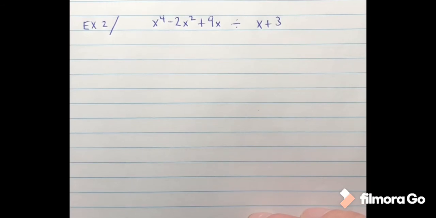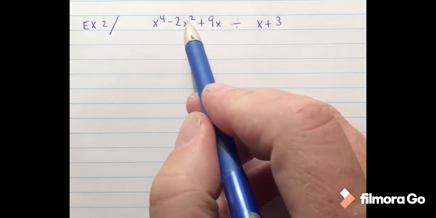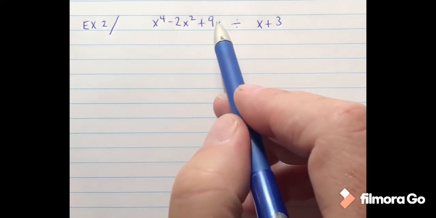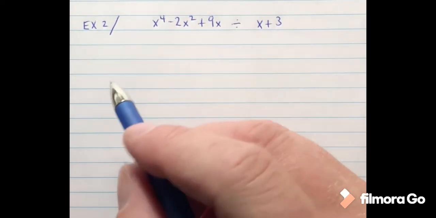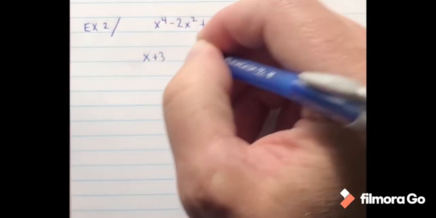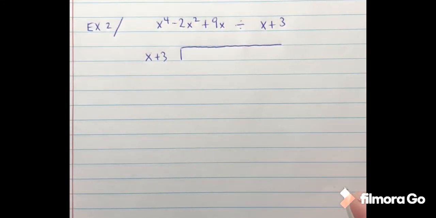Okay, let's look at a second example of long division. There are some instances when we're doing the long division where what we're dividing into does not have all of the degrees. So notice this one goes from 4 to 2 to 1, then no constant. So when I'm writing this one, I think it's a good idea to hold the place value underneath your division sign.